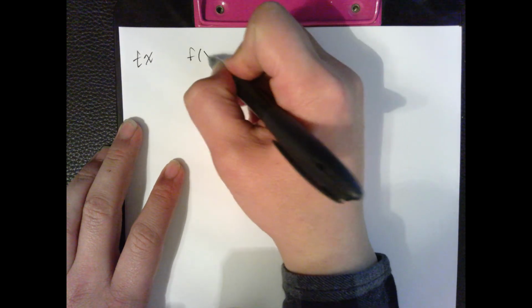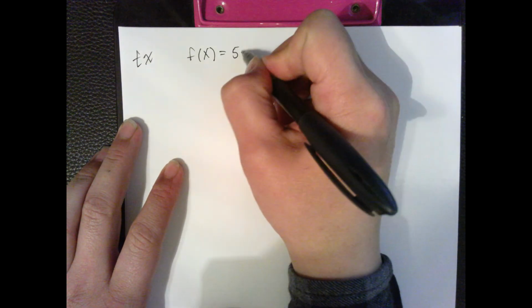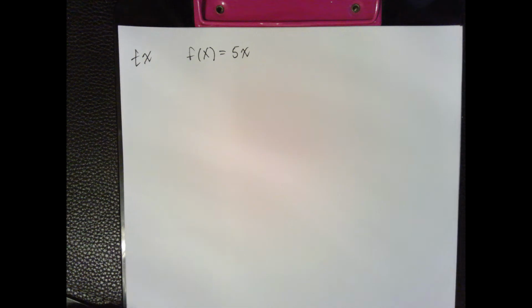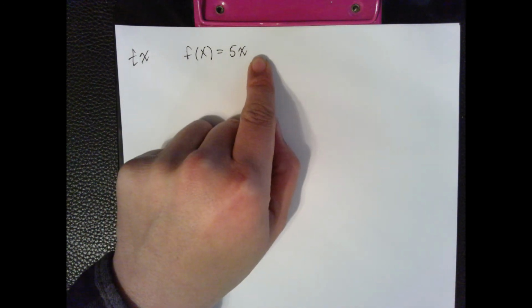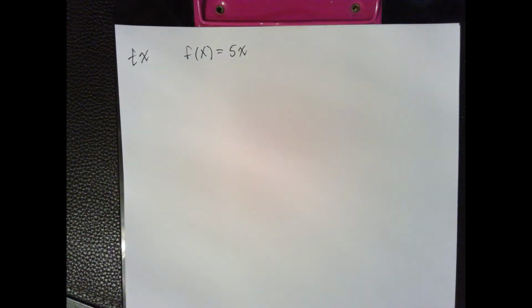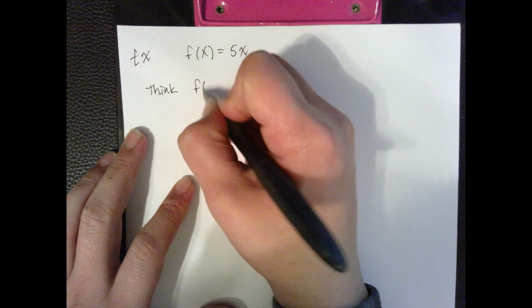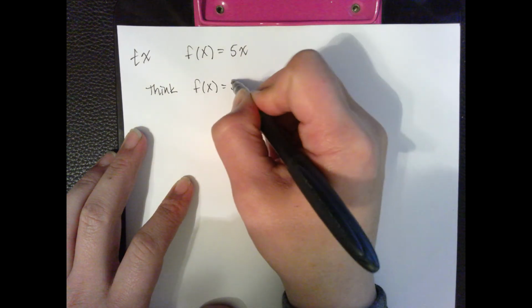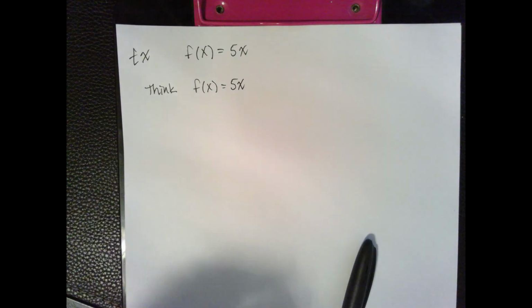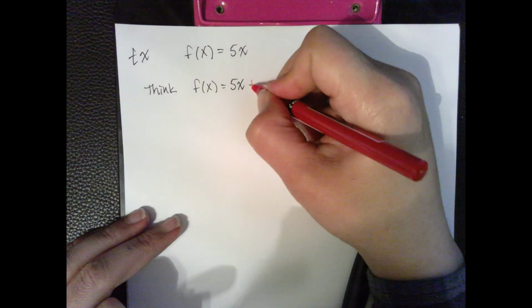If you're asked to graph, for example, f of x equals 5x, well, here I don't have plus b. I don't have anything being added to this. Okay, so I can think that f of x equals 5x plus 0.